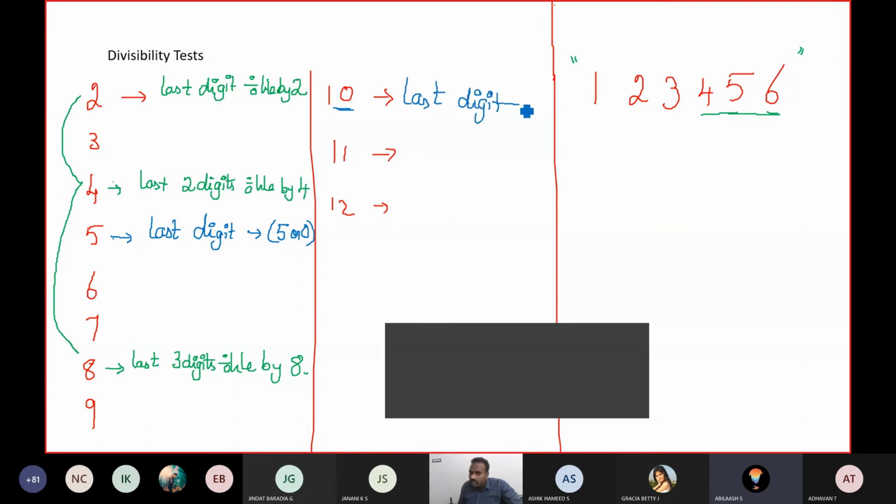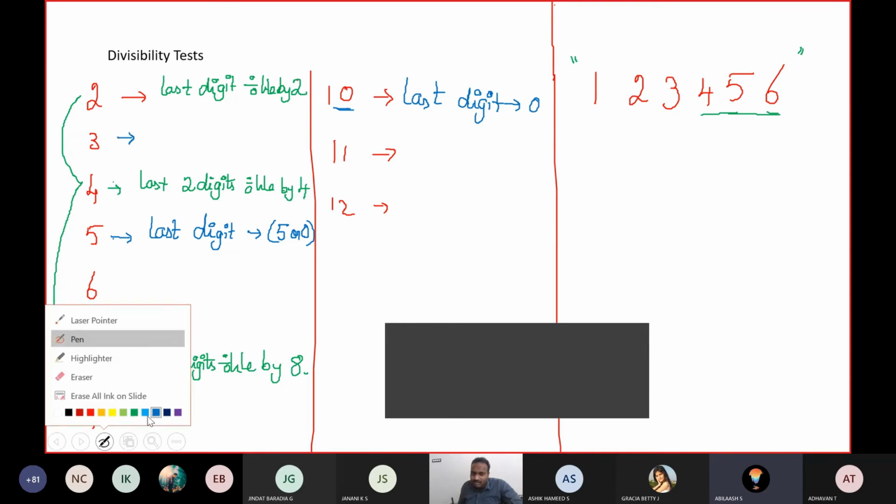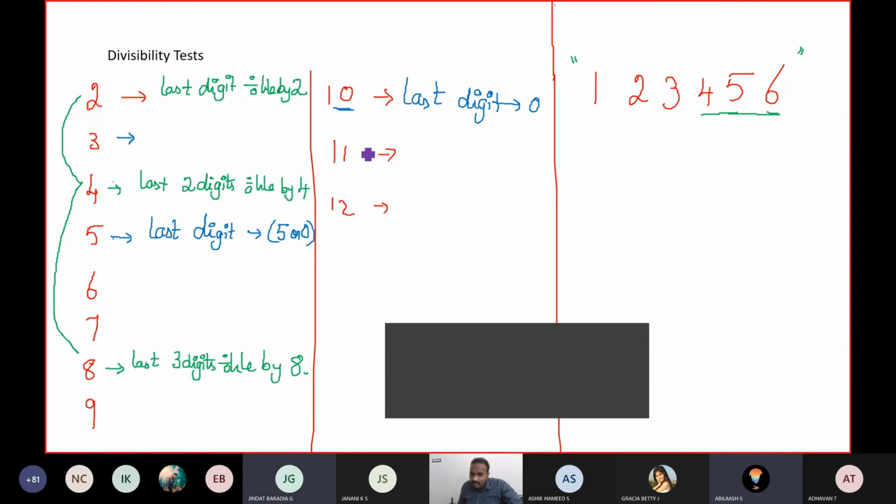Superb. Okay. Is there anyone who could tell me what is the divisibility rule for 3? If you add all the numbers, it should be divisible by 3. Very good, superb. Sum of the digits should be divisible by 3.